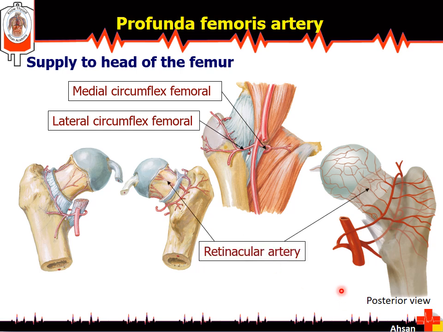You can see this is the retinacular artery. It's passing through this. So any fracture involving the intracapsular part of the neck will tear all these arteries. But if it is extracapsular, this retinacular artery will remain intact. So if the fracture is intracapsular, that will affect the supply of the head.